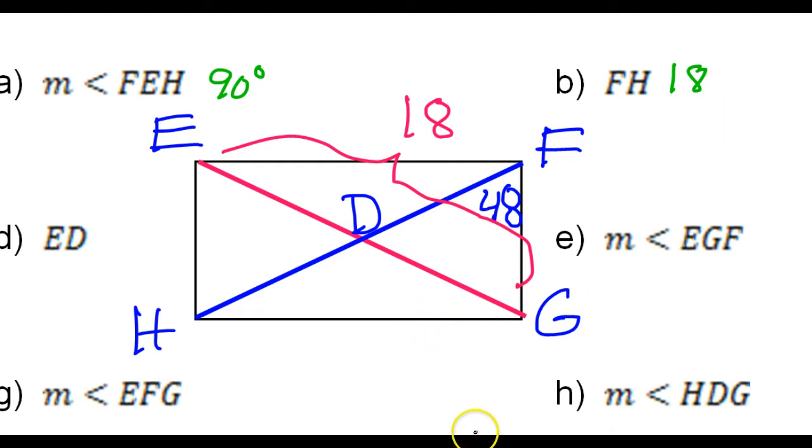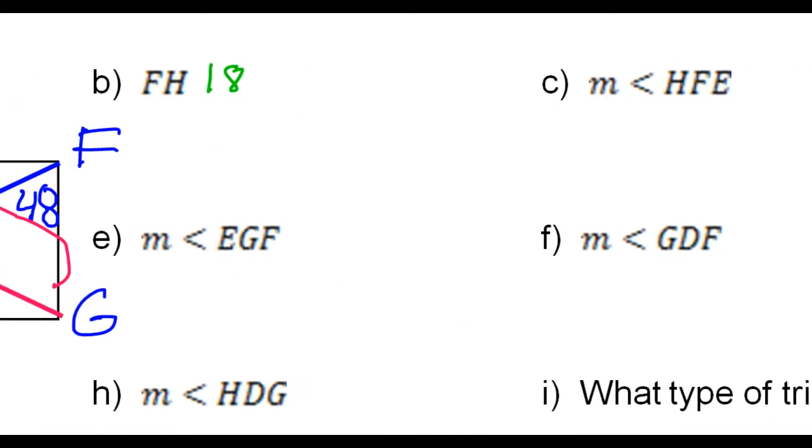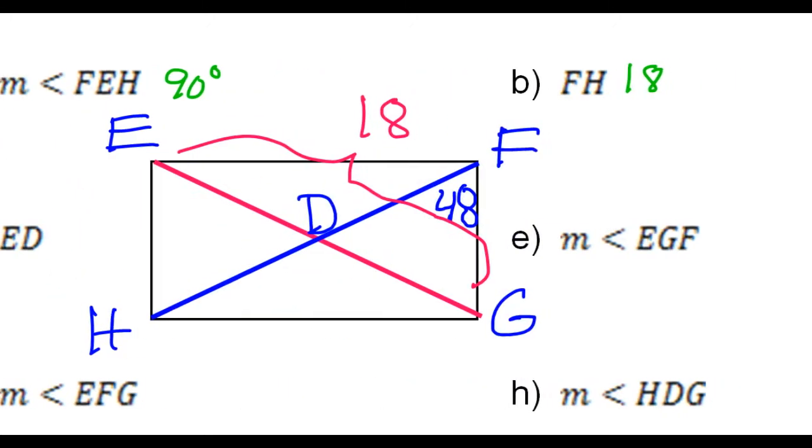What about C? Measure of angle HFE. HFE is this angle that I just marked in green right there. How do I find it? What's your thought process? These two have to add up to 90.